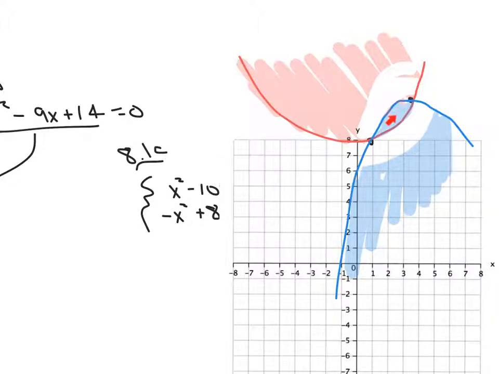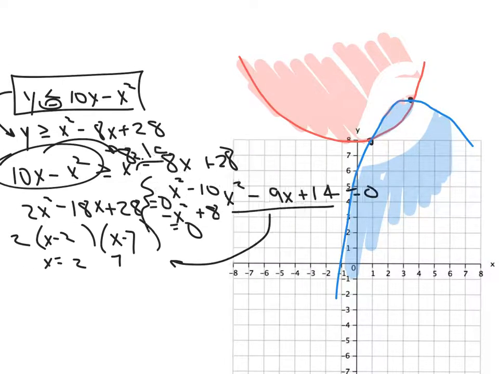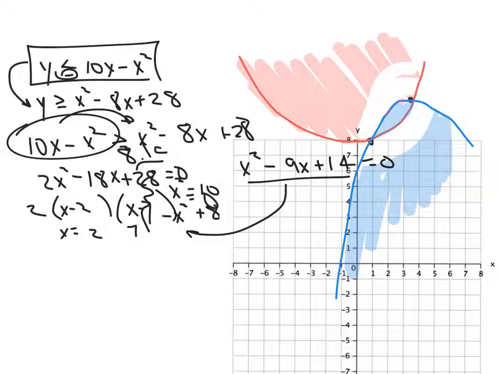So any number in this little blue area here would make both this top inequality work as well as this bottom inequality work. Okay, and that's what I'm looking for. The numbers for x and y that work for both of these. And how many numbers are in here? There's an infinite number of numbers in here, but they have to be within that blue spot there.